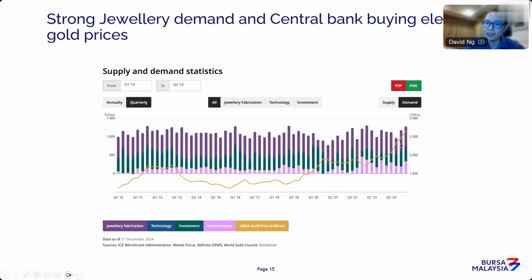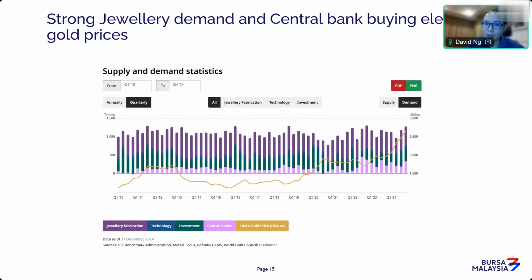So as long as prices are inching higher to record levels, sooner or later they probably have to taper off or slow down their purchase of gold because gold is getting more expensive. When you see jewelry demand start to come down, that's usually an indication that prices may reach a short-term peak in bullishness, and that's where you need to be careful.